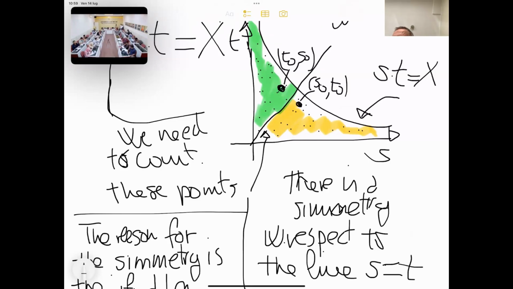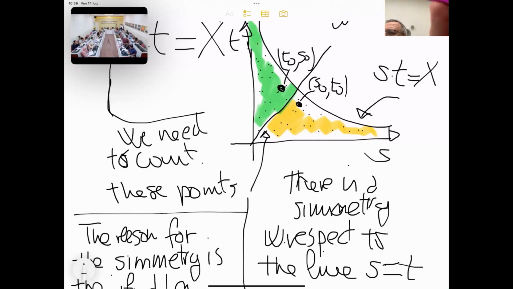So this is justified by the symmetry, okay? And so the idea of Dirichlet to count the points below this hyperbola, in fact this method of proof, which is also used in other problems, is called the Dirichlet hyperbola method, okay?